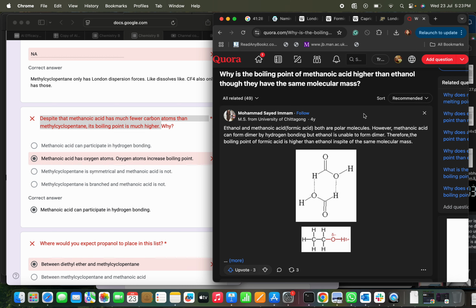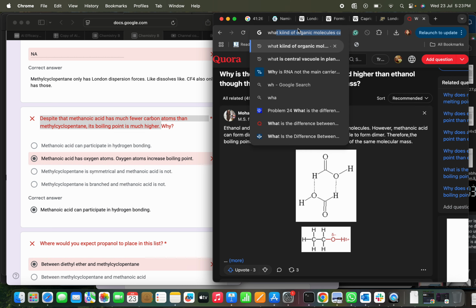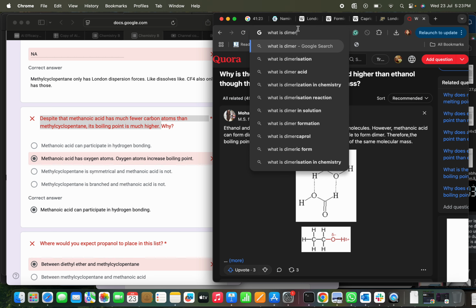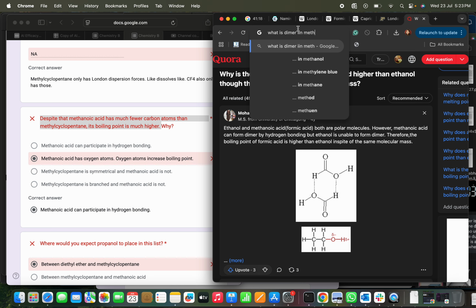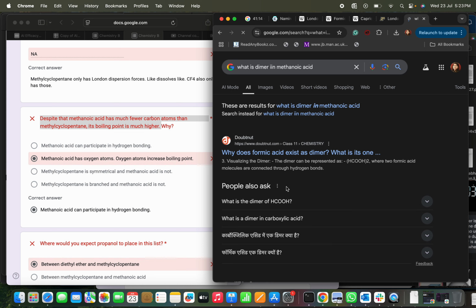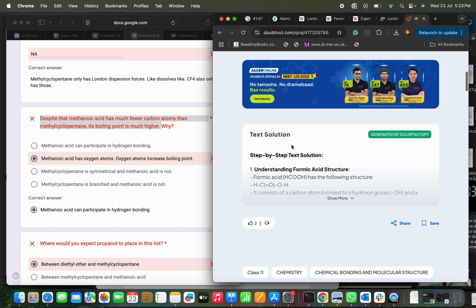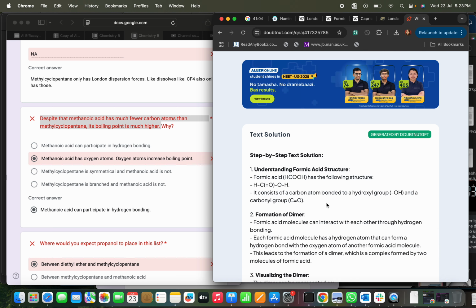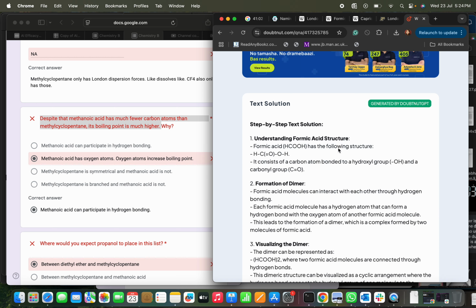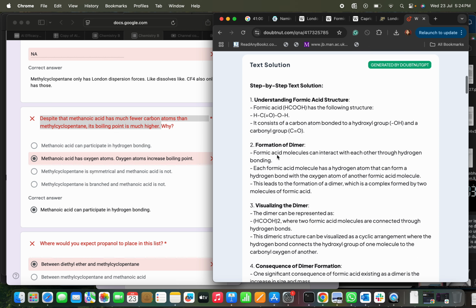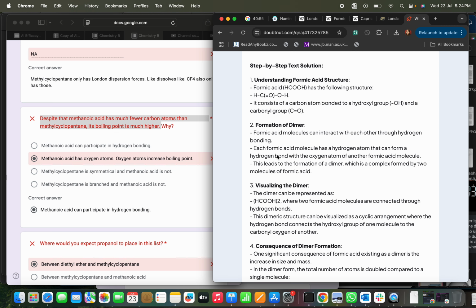What is a dimer? Okay, let's read the text. Formic acid has the following structure, HCOOH, with a unique H-C=O bond. Formic acid molecules can interact with each other through hydrogen bonding.